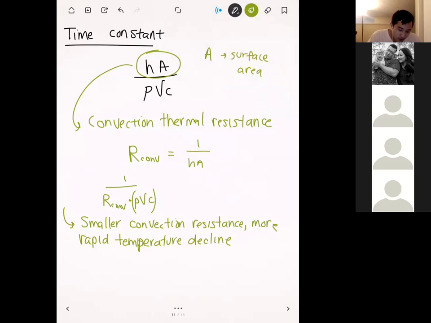Since we have H and A in the numerator here, what this tells us is that if we raise H, or we raise A, in other words increase the surface area of our object, this will increase the amount of convection heat transfer.